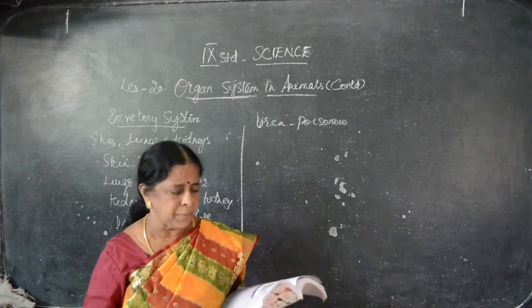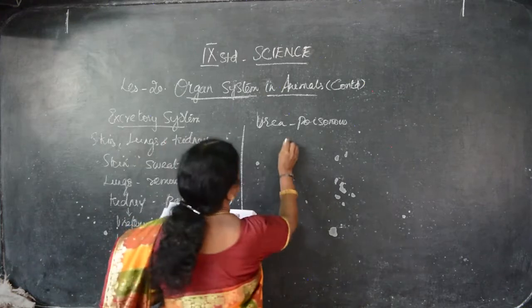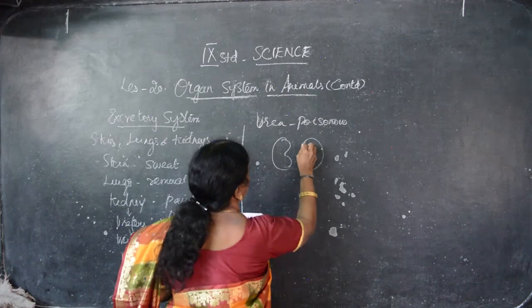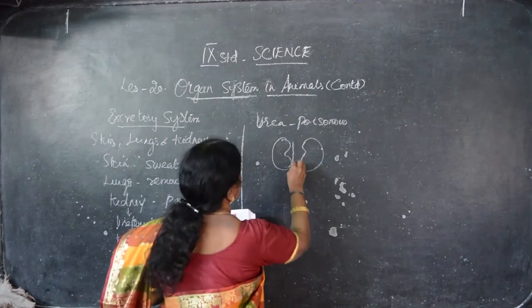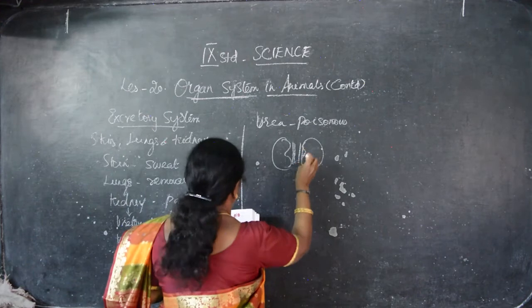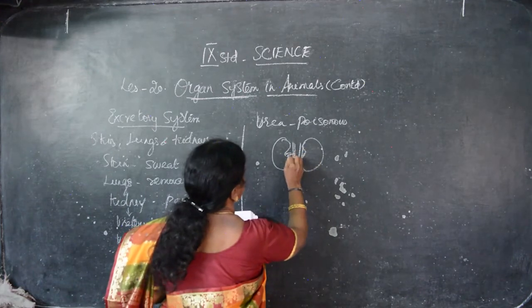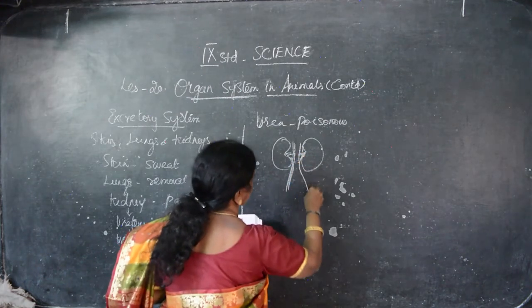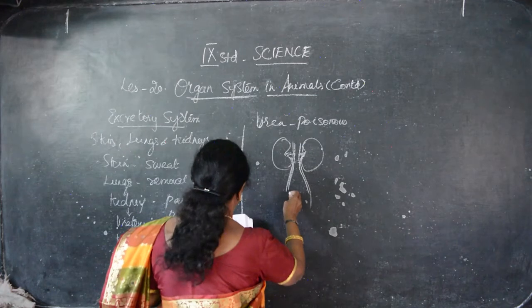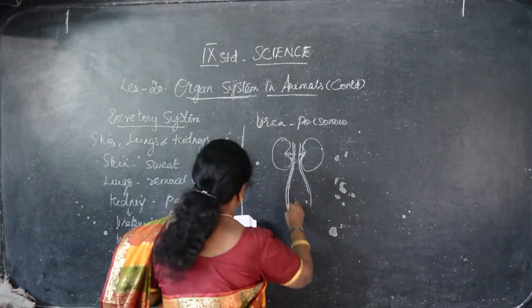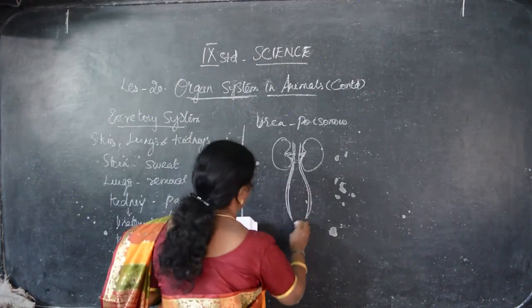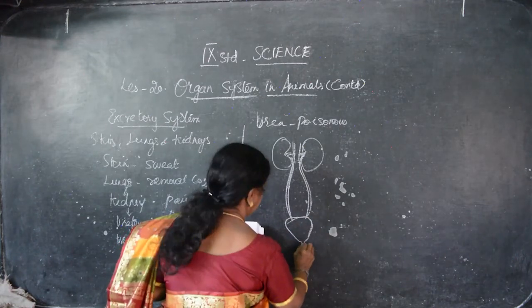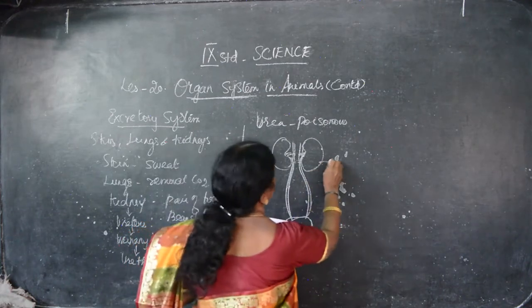Skin removes waste material, I said already. Kidneys are bean shaped. These are the blood vessels. This is the left kidney.